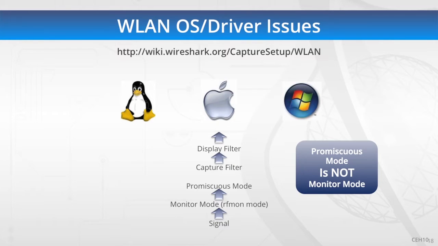If you want to do packet injection wirelessly, you cannot do it on a Microsoft-based operating system. You've got to choose Mac and you've got to choose Linux. Those are the choices here. So look at the wiki on Wireshark.org's Capture Setup Wireless LAN and look at what they have to say there. Also look at what they say in Backtrack on the wireless section there for the network cards, or you can go to my site.